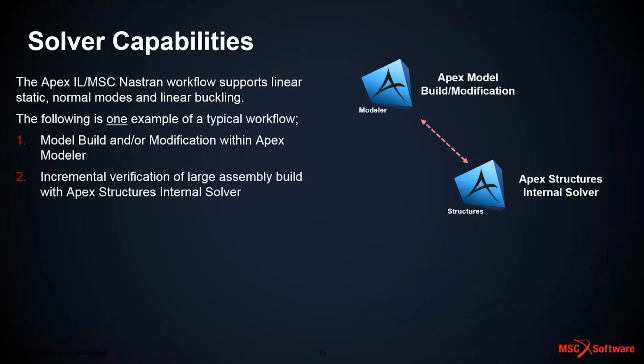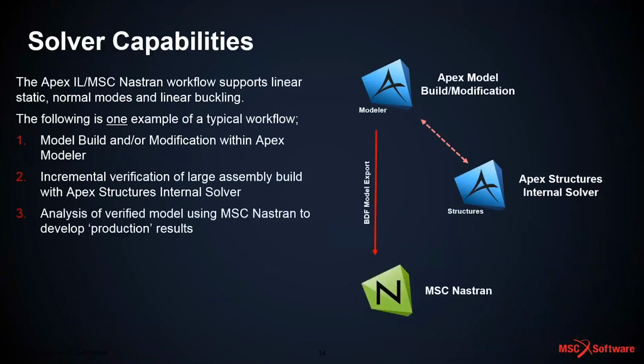One thing which is key here is the ability to have incremental verification of a large assembly. Going back to the wing model we just looked at, we verified one of the ribs and then tied that into a subassembly and then ran the full wing in its entirety. Having the ability to incrementally verify very quickly within the Apex environment is pretty powerful.